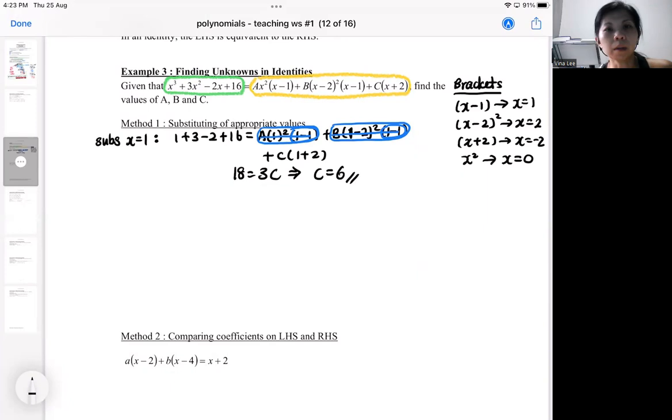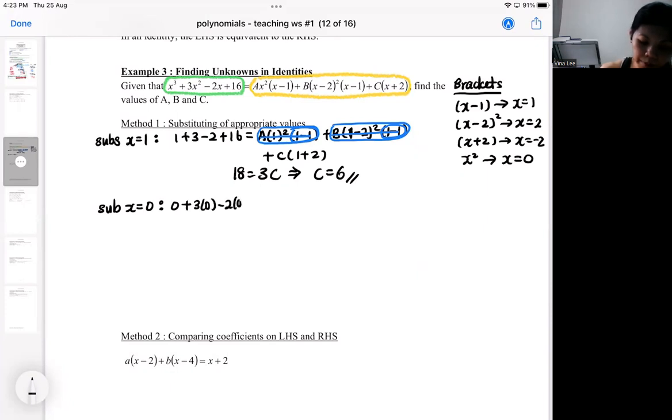This time around, maybe I will sub a 0. Substituting a 0 on the left side is quite nice because everything kind of zeroes out. And then this part also becomes a 0.